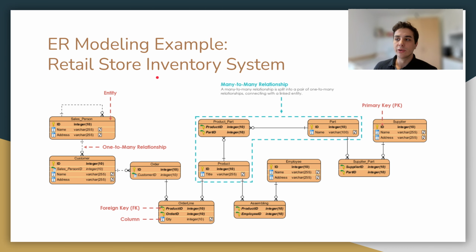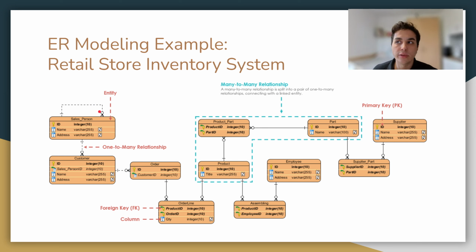Let's apply what we learned in a real-world scenario. Imagine we are building a database for a retail store's inventory system. For now, let's focus on this part between salesperson, customer, and order. A salesperson may manage many other salespeople.